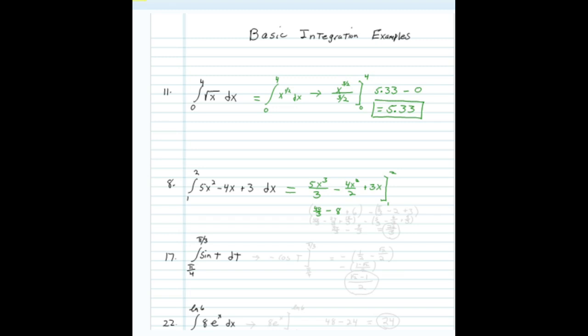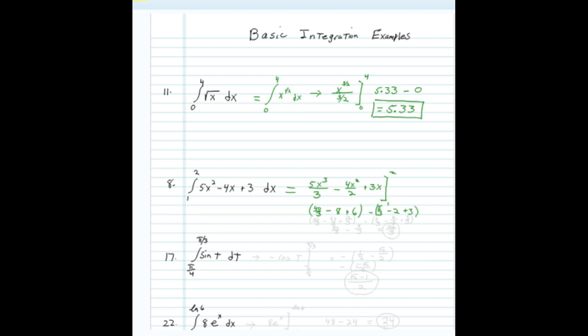And then plus 3 times 2, which is 6. So that's our upper limit. And then our lower limit, if we plug in 1 for x, we get 5/3 for the first term. For the second term, we get 2. And for the third term, we get 3.